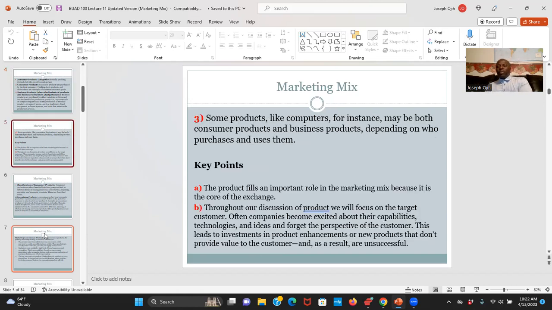Now, there are some products that are not strictly consumer products and not business products per se. They can be consumer products or they can be business products, so they can serve both purposes depending on who bought them and who is using them. For example, a computer can serve the same purpose.